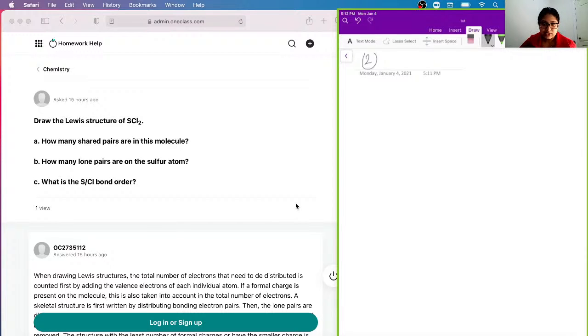If a formal charge is present on the molecule, that also needs to be taken into account in the total number of electrons. If an atom has valence electrons, those need to be counted in the total number of electrons, even though they're not bonding.